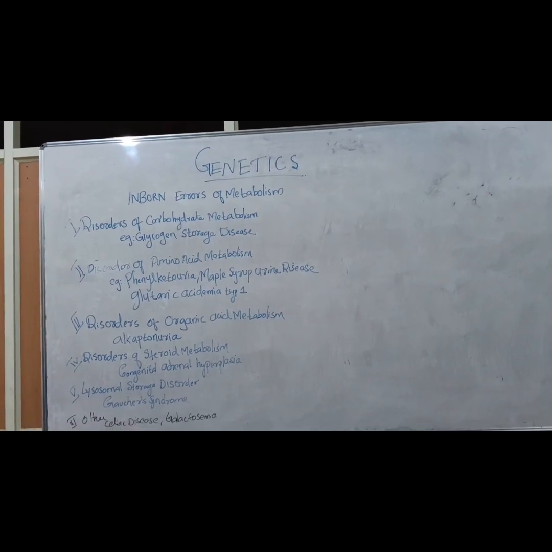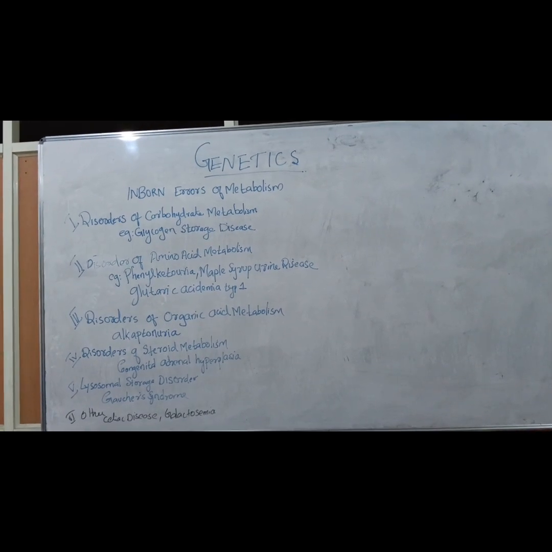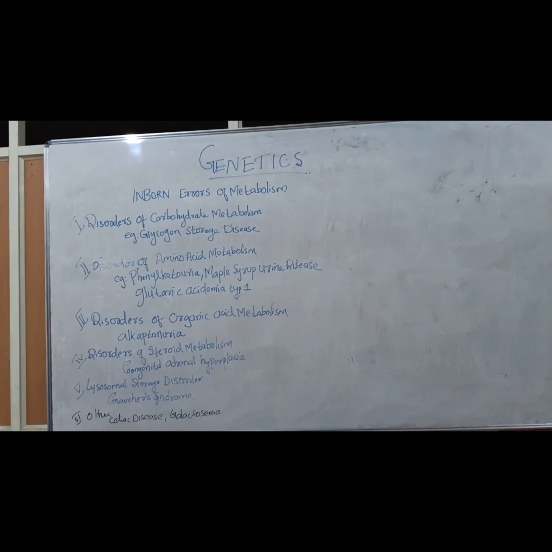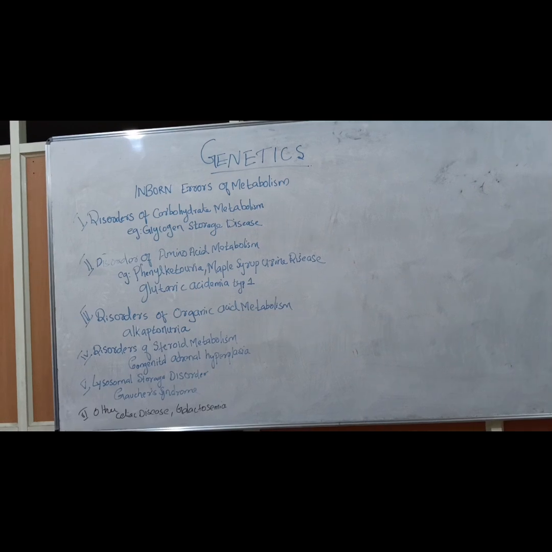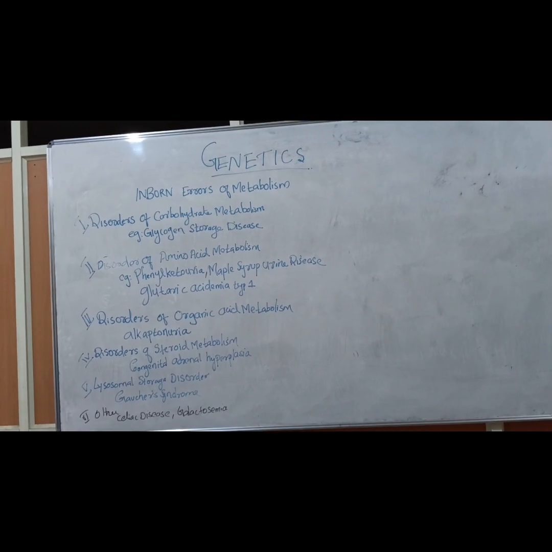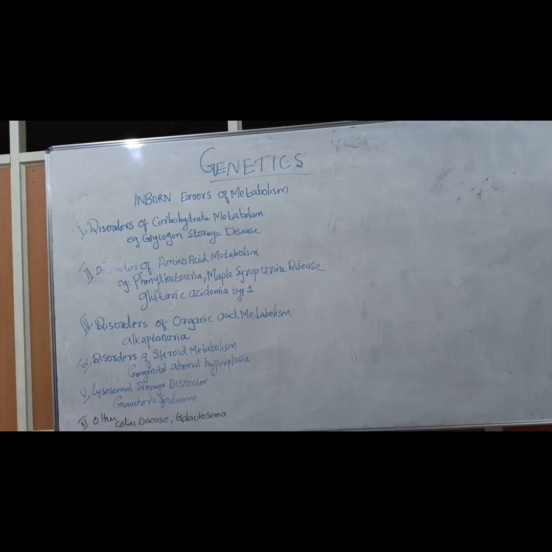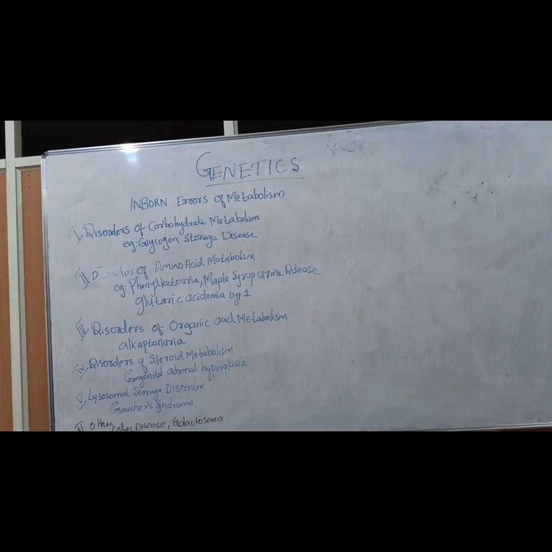Next category is disorders of steroid metabolism, that is congenital adrenal hyperplasia. It is an autosomal recessive disorder because of the excessive or reduced production of sex steroid. And next one is lysosomal storage disorder. We call it Gaucher's syndrome.